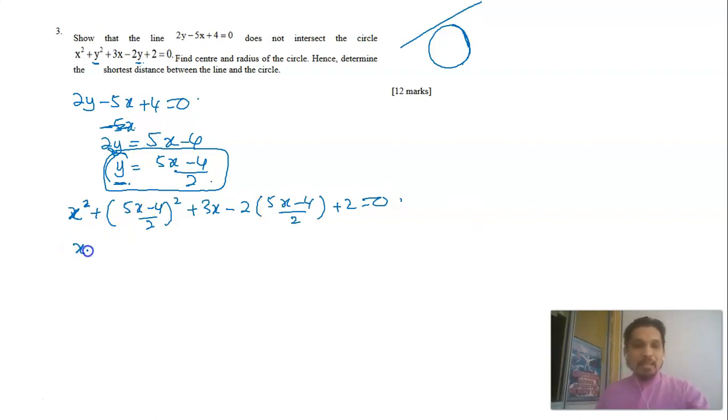Okay, so for the circle we have x, y. Now all the variables are x now. x, x, x, and x.